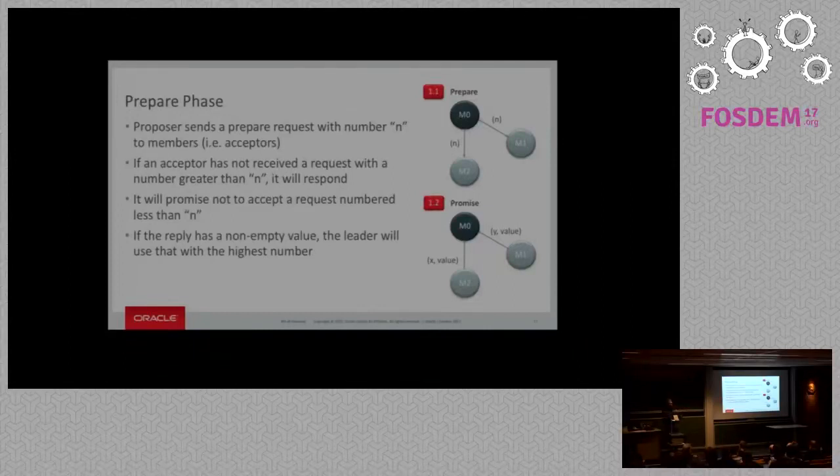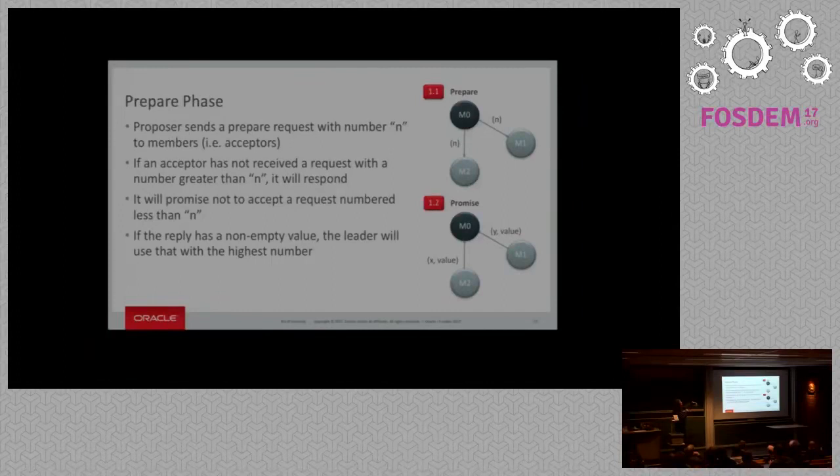Basically, a node sends a message saying, I want to become a leader. Usually it is the node with the lowest number, in our example member 0. I use the same set of images through all the slides. The dark blue or dark gray, I don't know, whatever, is the leader. The other ones are basic acceptors or learners. They can become a leader eventually if the current leader fails.